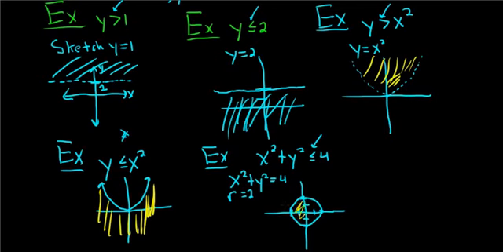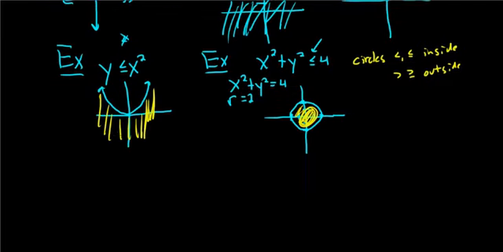Okay, so for circles, less than or equal to is inside, and greater than or equal to is outside. Let's do another example just to make the point. Let's change our circle example so you see what I mean.